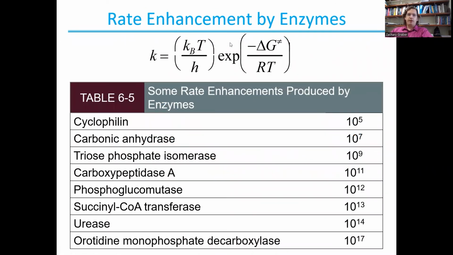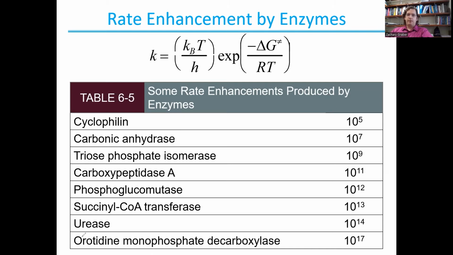How effective are our enzymes at increasing reaction rates? Well, if we calculate the changes in our rate constants based on our enzymes, what we see is orders of magnitude higher rates for our enzymes compared to the uncatalyzed reactions.